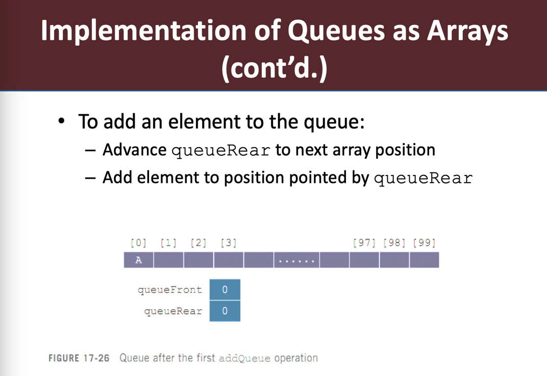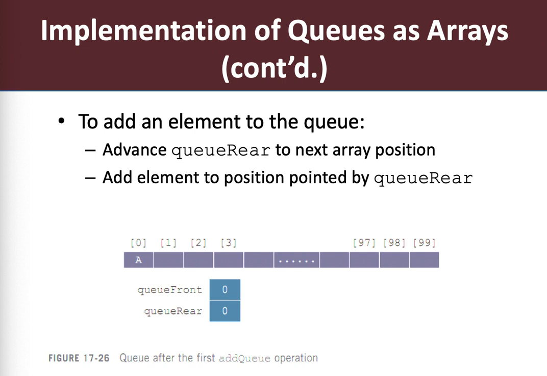Now let's see what happens when queueFront changes after a delete queue operation and queueRear changes after an add queue operation. Assume that the array to hold the queue elements is of size 100, as you see on this slide. Initially, the queue is empty.